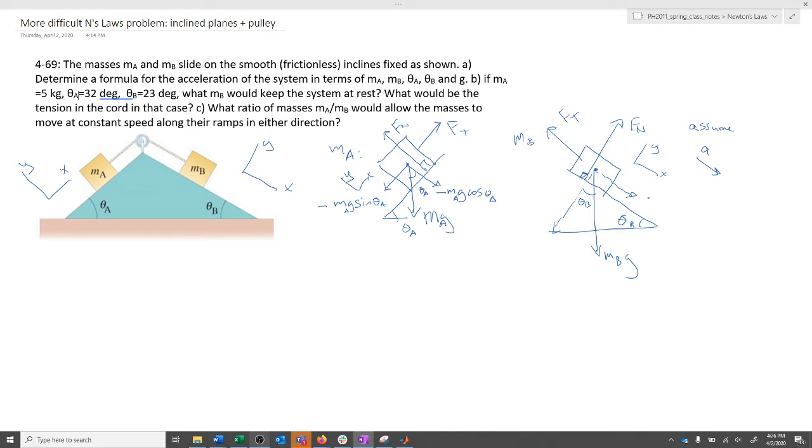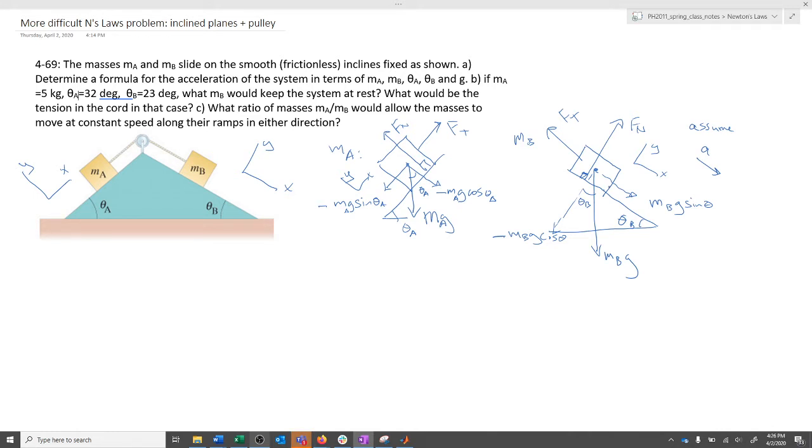So this would be MBg sine theta, and this would be MBg cosine theta. I think that's got all of our pieces. Actually, let's be careful here: this one would be negative, because notice it's in the negative y direction relative to our coordinate system.